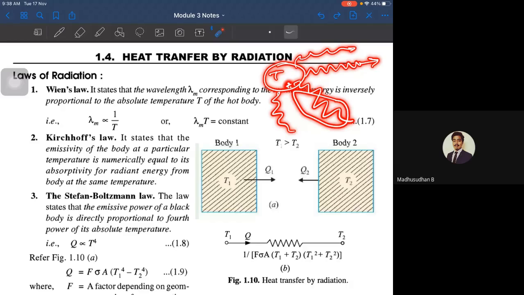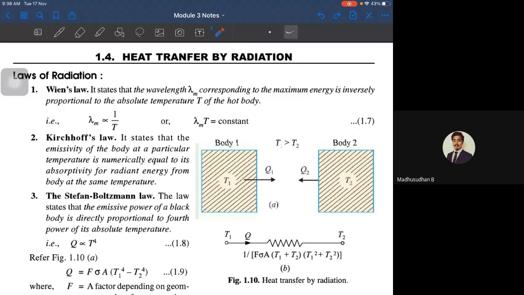What is the corresponding lambda m for this? This lambda m will always be inversely proportional to the value of the temperature. Got it? So that is your Wien's law. So the wavelength corresponding to the maximum energy is always inversely proportional to the absolute temperature of the body.